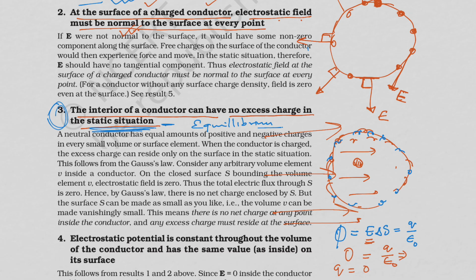Gauss's law says that flux, E multiplied by delta S, is equal to charge upon epsilon naught. But we know that the electric field inside the conductor is 0, which says that the charge inside the conductor is also 0. And we have proved that there is no excess charge inside the conductor in a static situation.